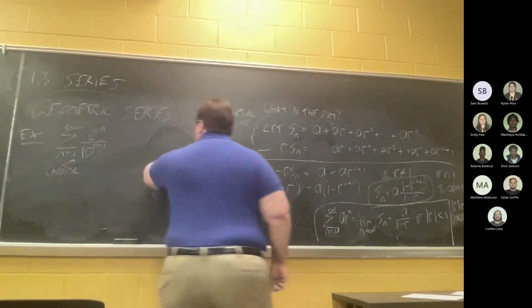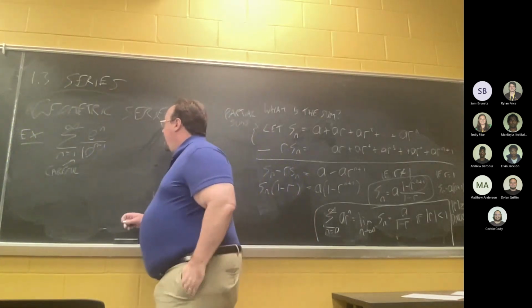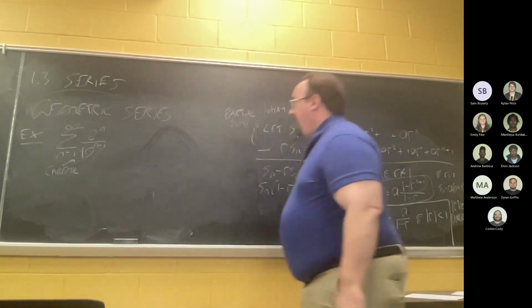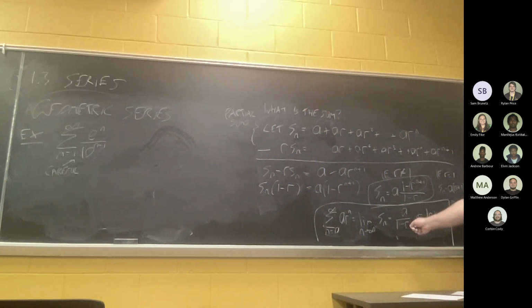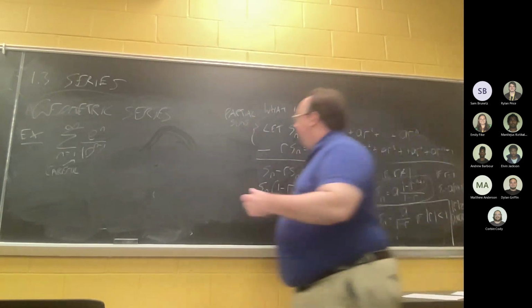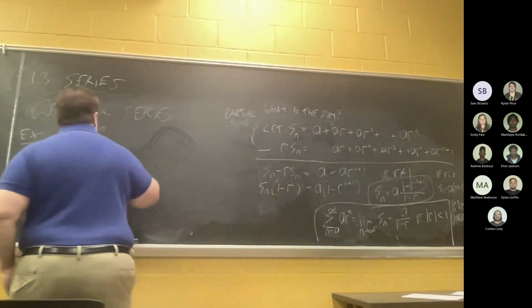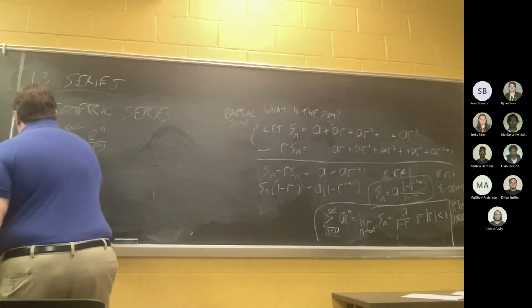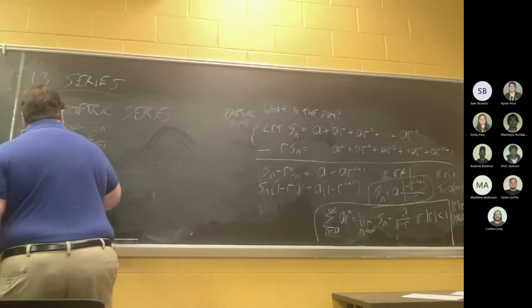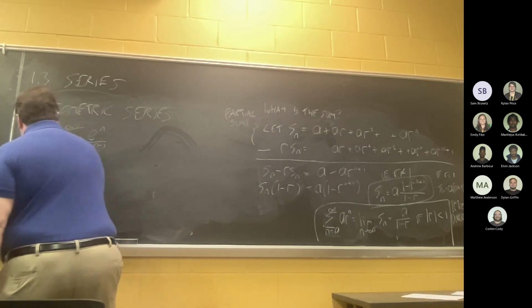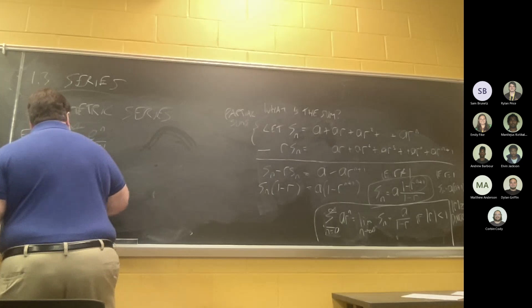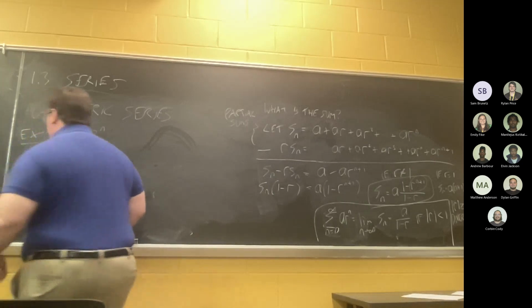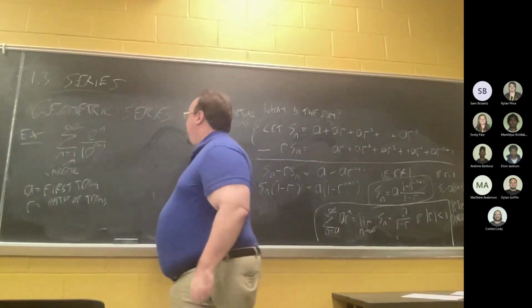So this, I started at n equals 1. You need to be careful about getting the values of a and r, because you want to use this formula if you determine that the series converges. And that's where you use what I mentioned earlier. a is always the first term. r is a ratio of terms, like the second term over the first term, third term over second term, and so on.